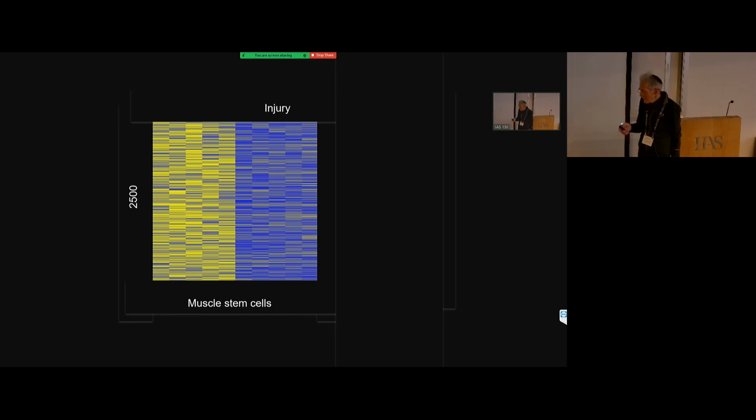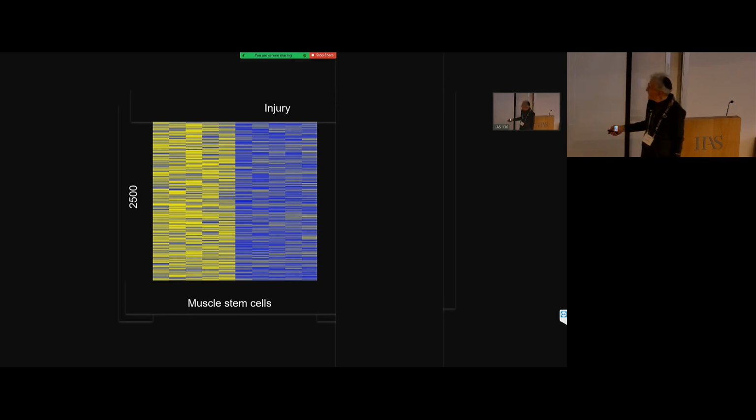Okay? So if you take a look at muscles and muscle stem cells, all of these sites are methylated in quiescent muscle stem cells, but when the muscle is injured, these stem cells undergo a transformation and become demethylated. These are all different mice, there are a lot of samples for the statistics. And when you undergo injury, all of these sites undergo demethylation.